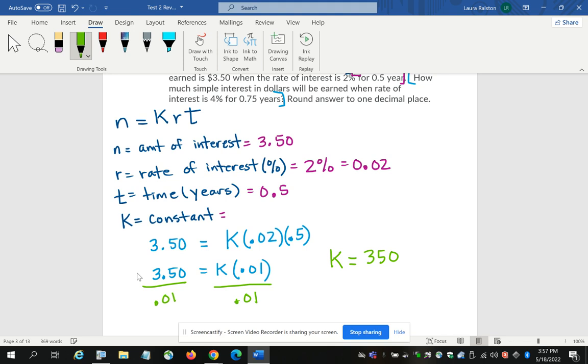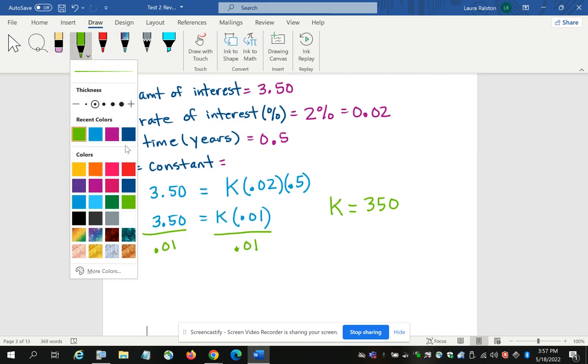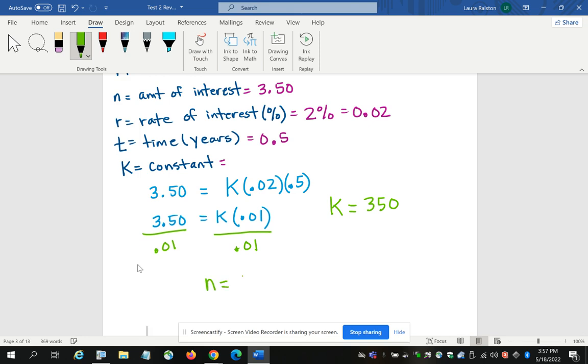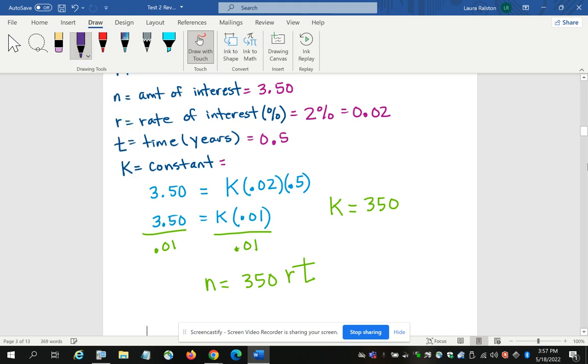So based on the information that I'm given in the first situation, I now can have a specific formula for this problem, that N is 350 RT. Okay, so this gives me my specific formula, and then from there I use the third sentence.